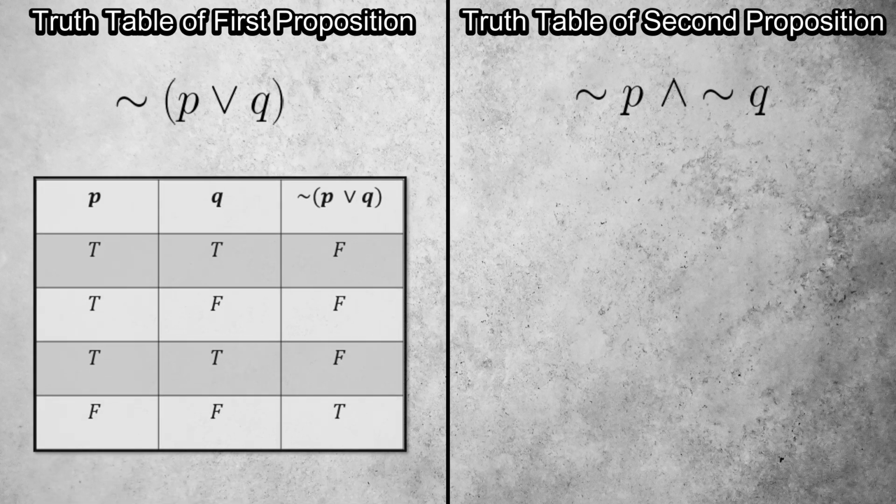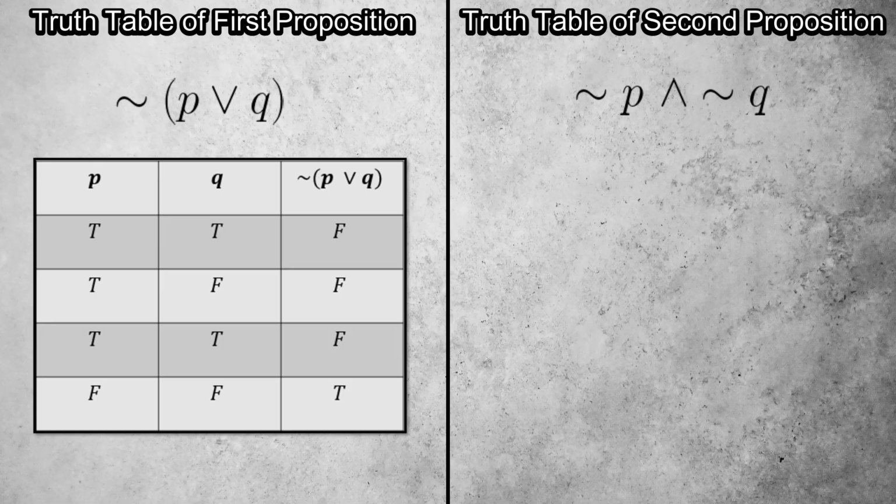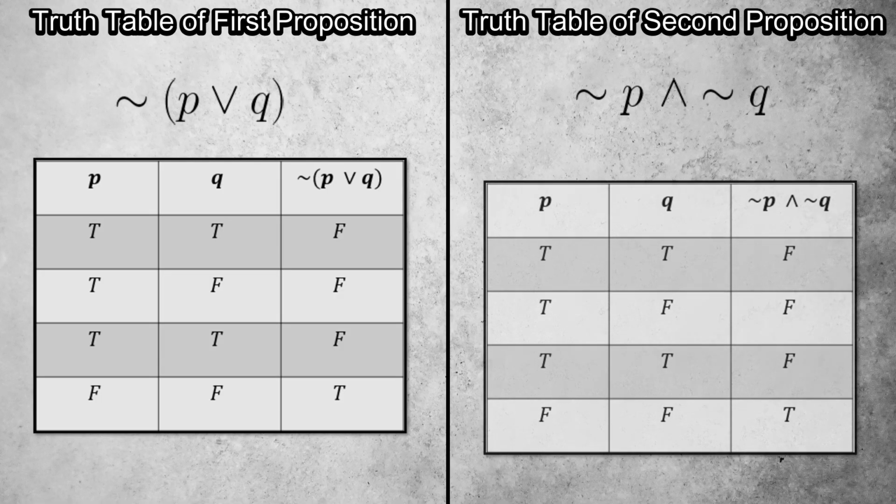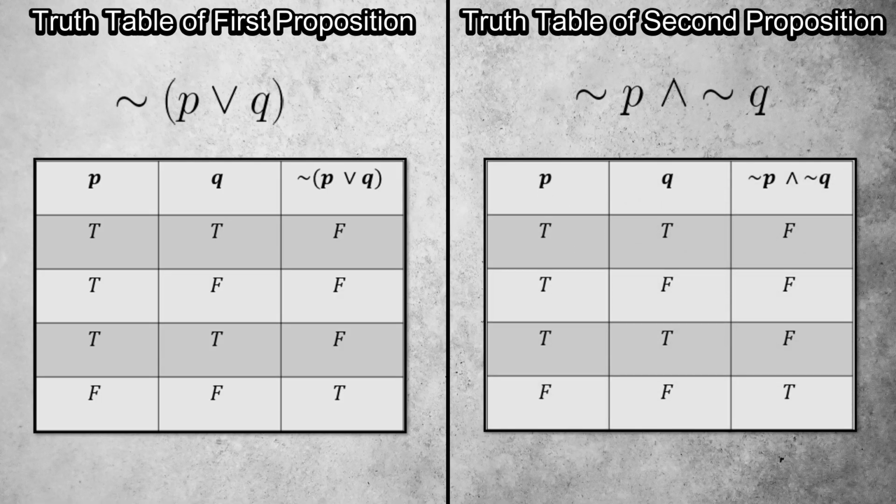If we notice the truth value of not (P or Q), we obtain false, false, false, and true. Now, if we do exactly the same with the truth values of not P and not Q, we obtain false, false, false, and true.